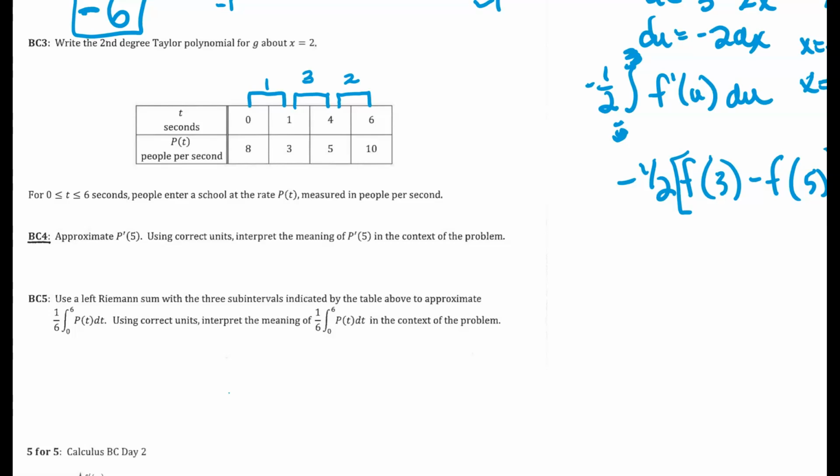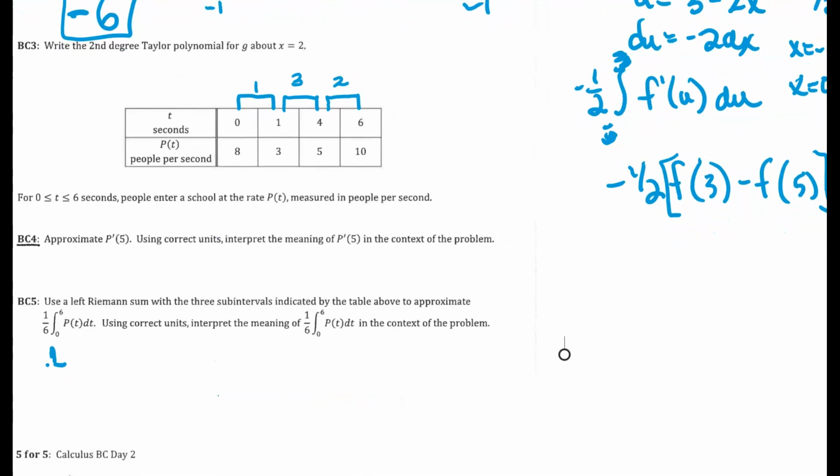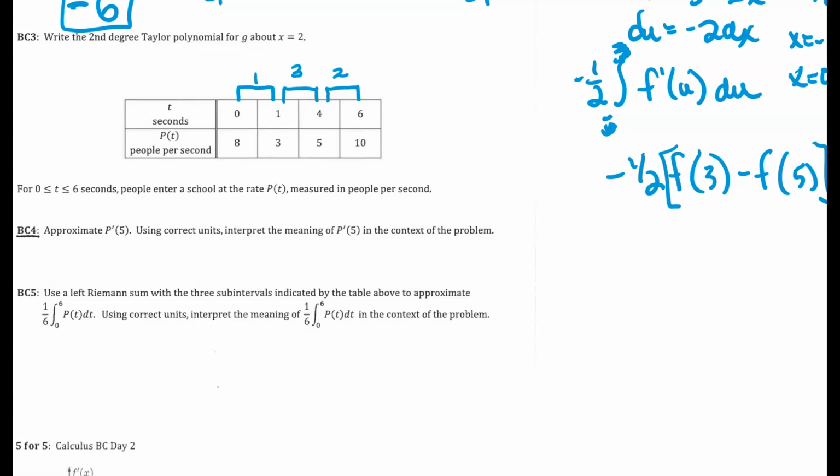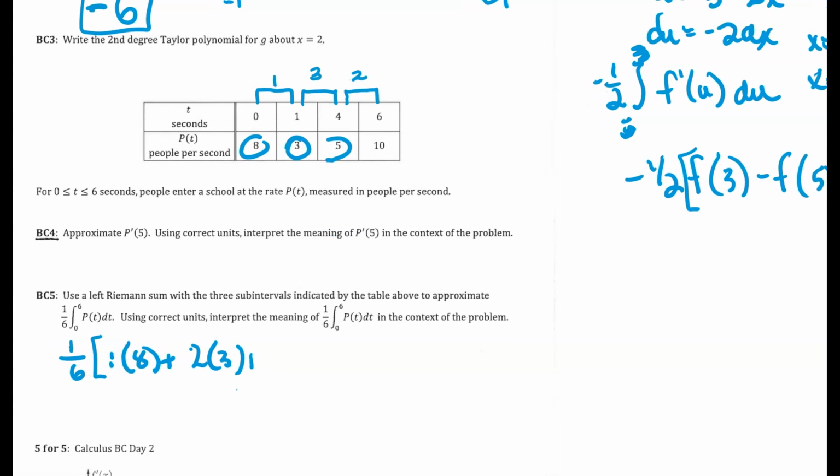The 1/6 integral from 0 to 6, I already know that I'm looking at average value of P of t. So 1/6, and we're using left, so left, left, and left. So 1 times 8 plus 2 times 3 plus, no, 3 times 3, sorry about that.